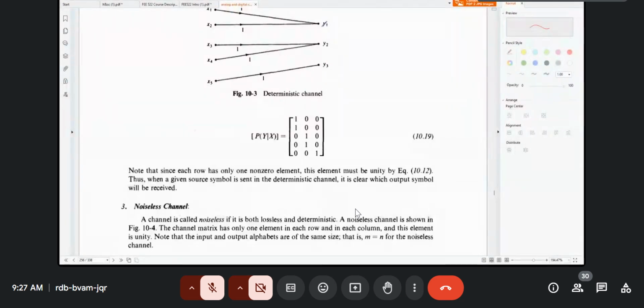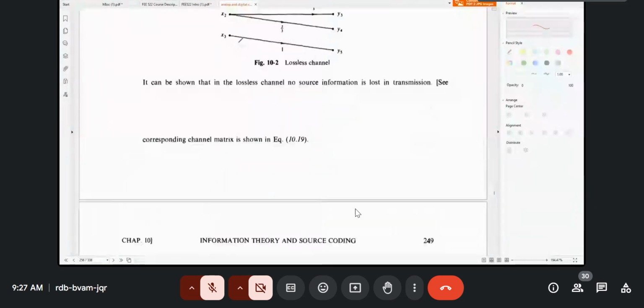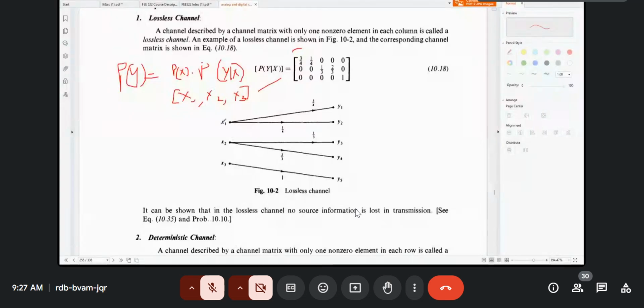But again, if you have x1, actually maybe you should have started from here. You can see here, if you have x1, there's a possibility of getting y1 or y2. But if you have y1, you know for sure x1 was sent.